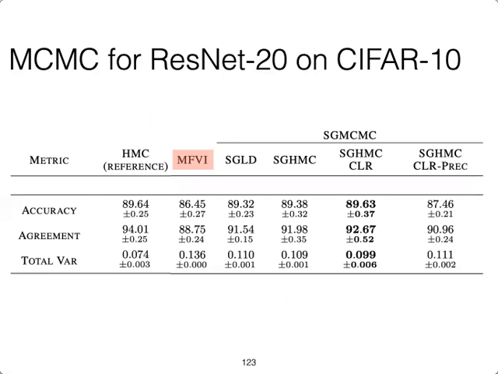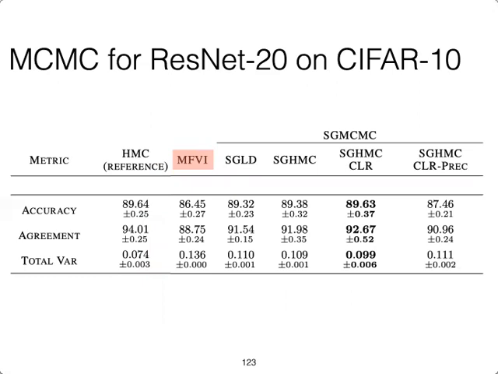So now I'll return to that table I showed before, comparing the stochastic gradient MCMC methods with HMC. And now I'll add the mean field variational inference column.